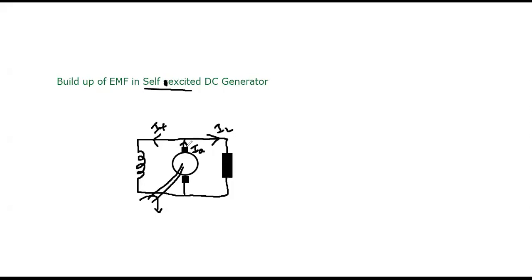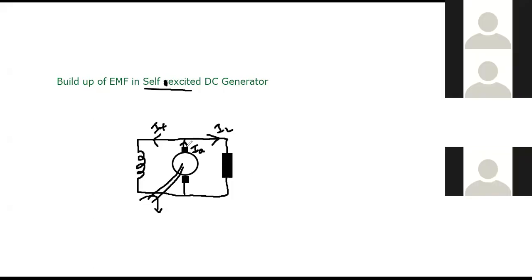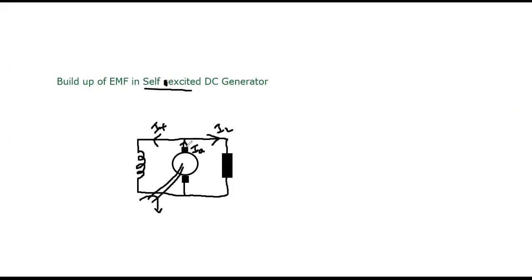So my question here is, when will the current be produced in a generator? When a conductor cuts the magnetic lines of force, then only will the current be developed in the conductors, so only then will IA be produced.